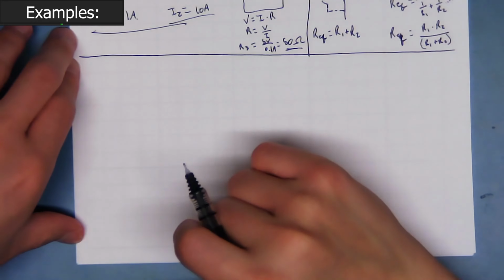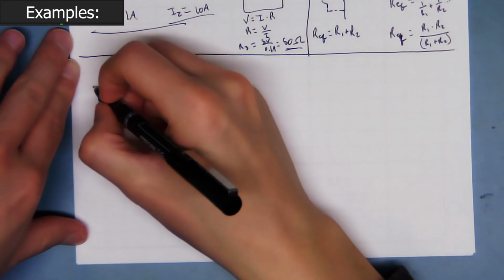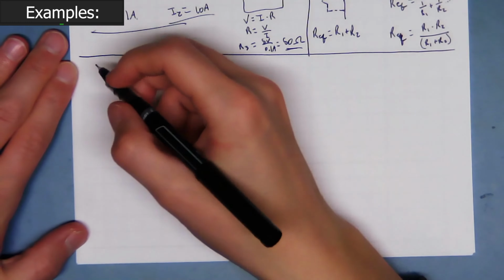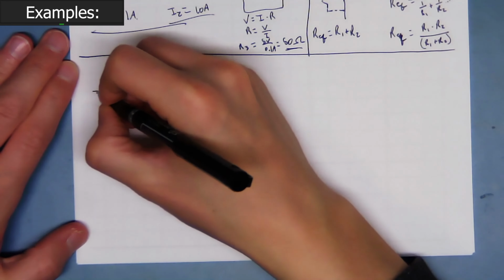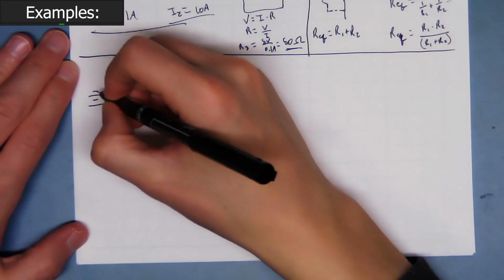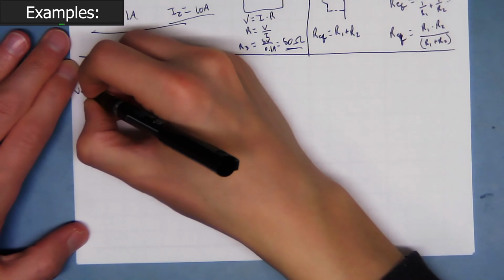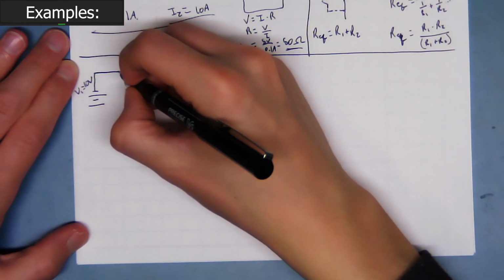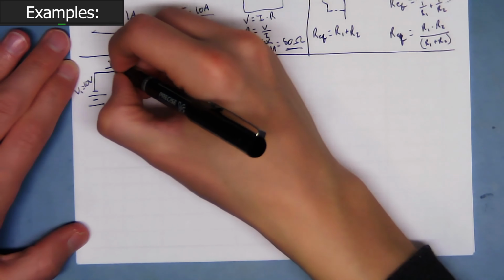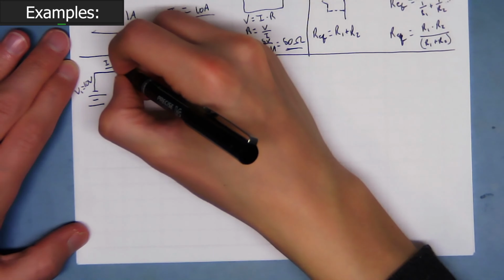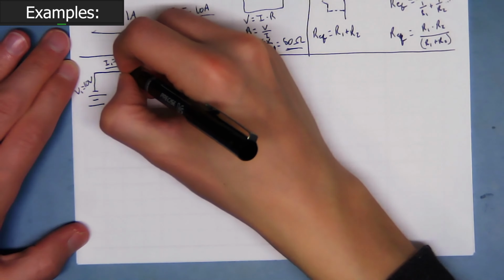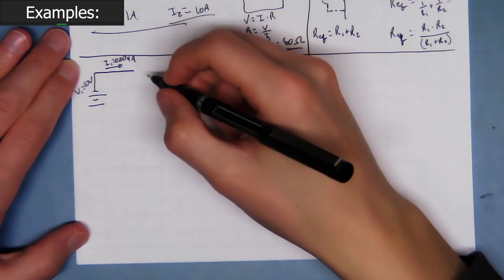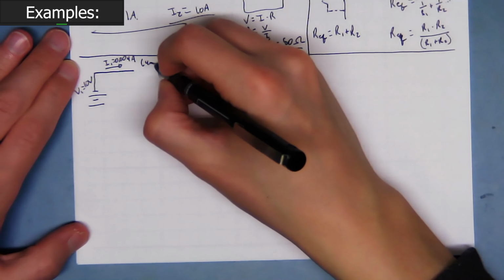Let's keep this going. So we're going to do two examples here, and I'm going to try to keep them relatively simple. We're going to start with V1 equals 10 volts. I1 equals 0.004 amps, or 4 milliamps.